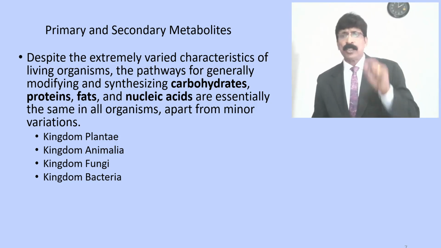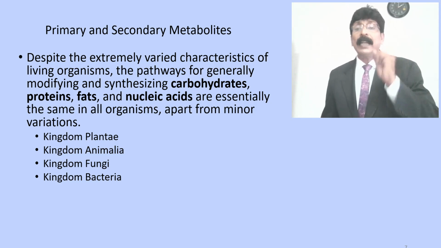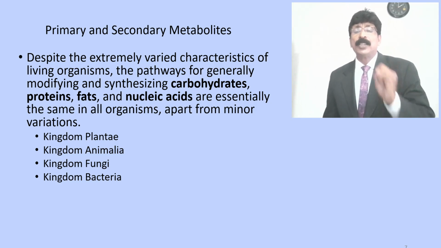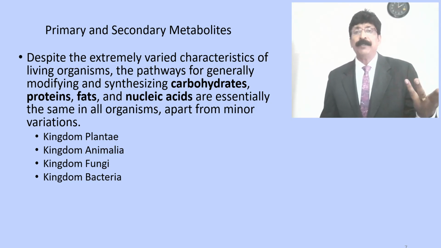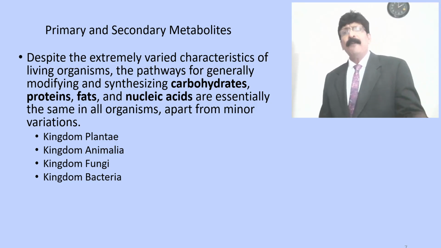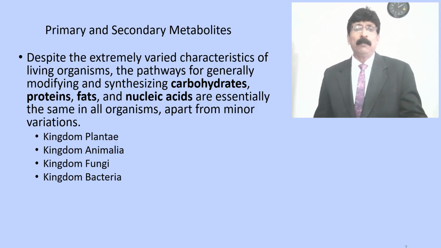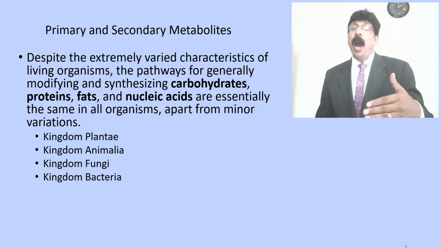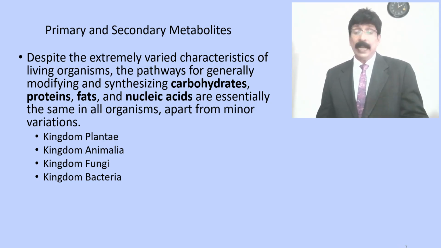Most of them, for survival, need carbohydrate, protein, fats, nucleic acid, even vitamins. It's needed for all living organisms. So they vary by kingdom: kingdom Plantae, kingdom Animalia, kingdom Fungi, kingdom Bacteria.